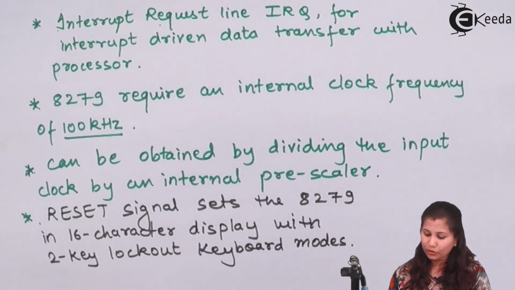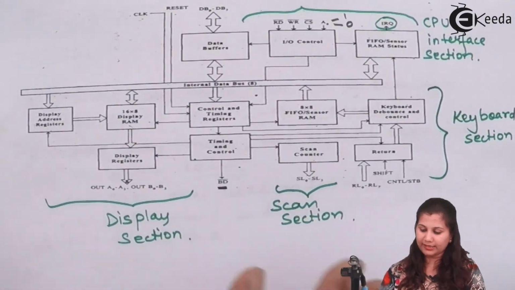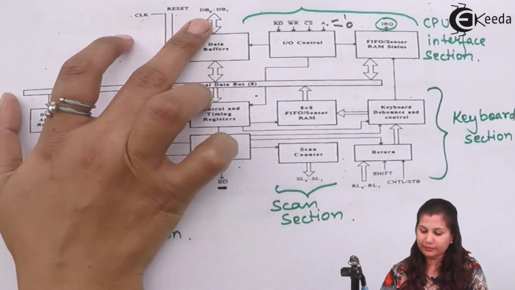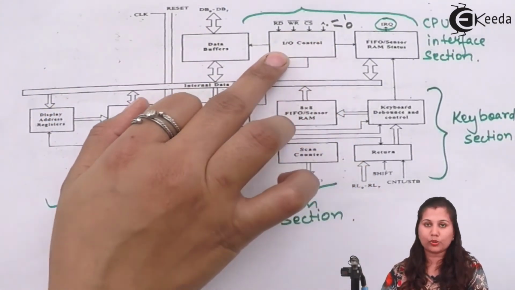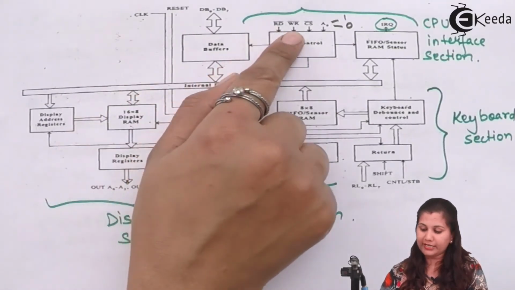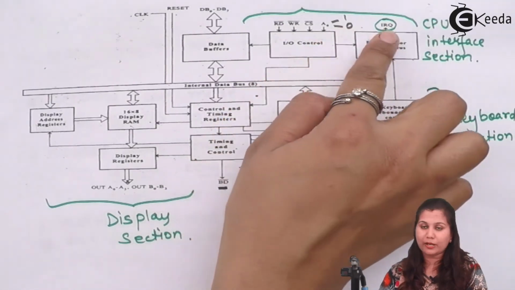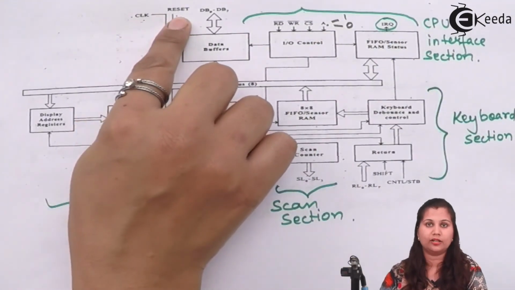Okay, so in the CPU interface section, we have studied the 8-bit bidirectional data bus. The data buffer is there, and in the input-output control signals, we have read, write, chip select, and the A0 signal. The interrupt request signal is also there, along with the clock and reset signals.